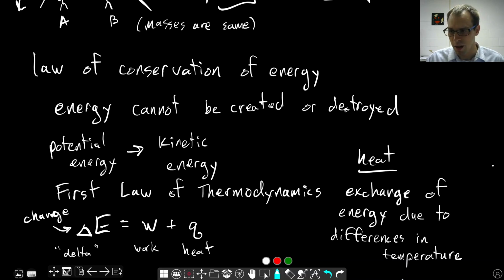This heat is a way of keeping track of thermal energy, which is the kinetic energy of molecules moving around. Those are a couple more things we can talk about. Energy is a state function, meaning it only depends on the characteristics of a particular group of molecules or atoms, or a reaction that's happening. And the first law of thermodynamics and the law of conservation of energy say energy can't be created or destroyed, and it will only change in the form of work or heat.